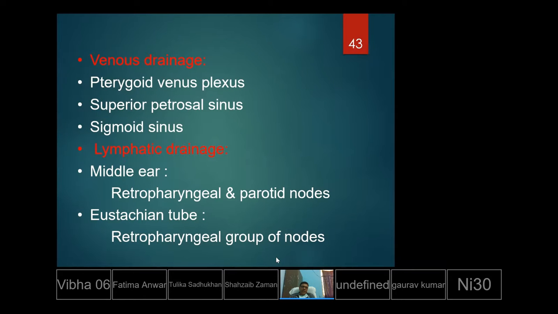And the lymphatic drainage: the middle ear is drained to retropharyngeal and parotid nodes, and the Eustachian tube to retropharyngeal group of nodes.